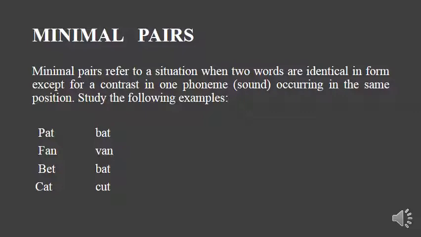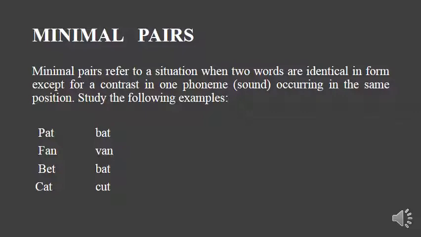Also, in the second example, in fan and van, you can see that they have the same form, but the only difference is that in fan there is an f sound, while in van there is a v sound.